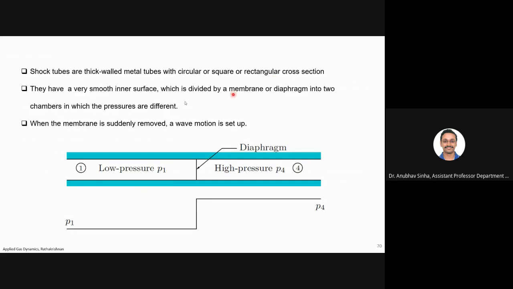But the important thing is that your inner surface should be very smooth. Anyone can tell me why is that? Why should I need a smooth surface? Any guess why? What will happen if the surface is not smooth?